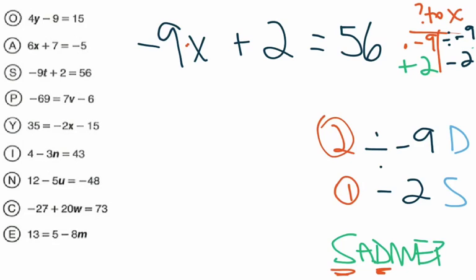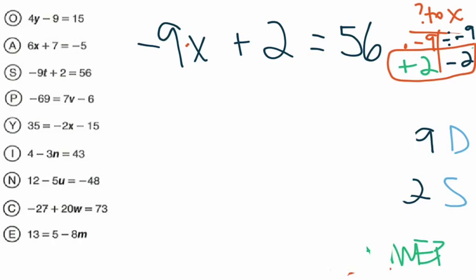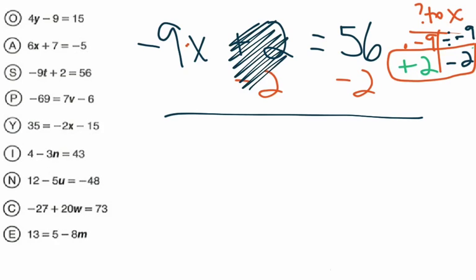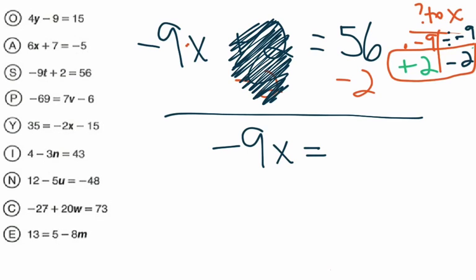So the very first thing that I'm going to do is subtract 2 from both sides. And these 2's go away. They're not there anymore. And you'll notice on this side, I just have -9x equals, and then I have 56 minus 2. Well, 56 minus 2 is 54.